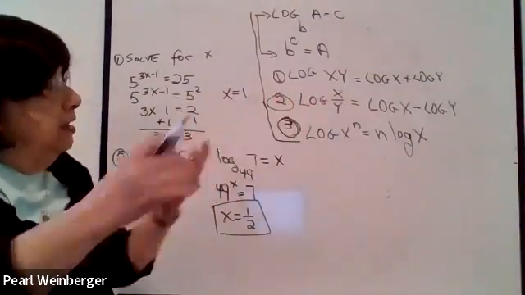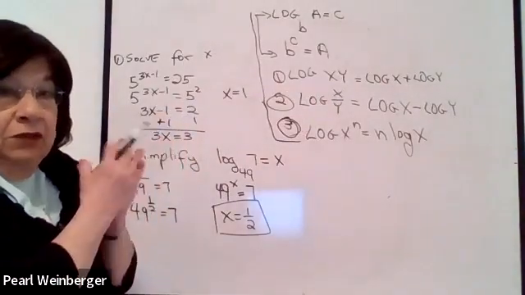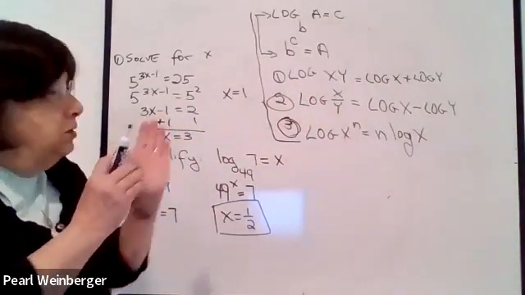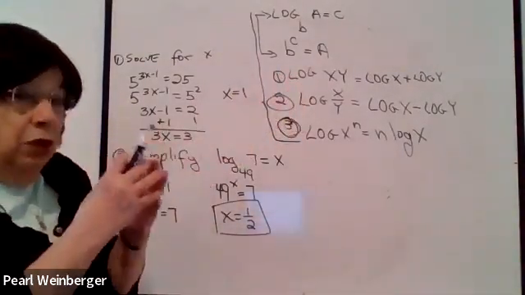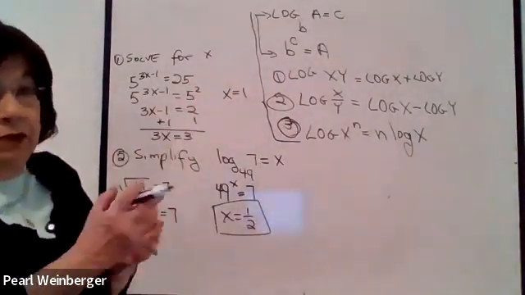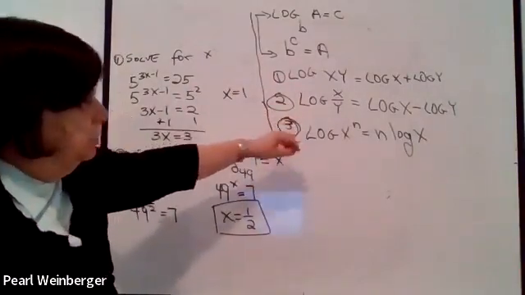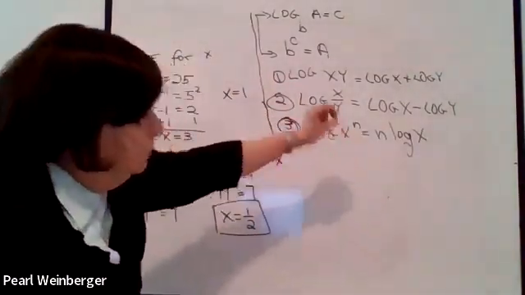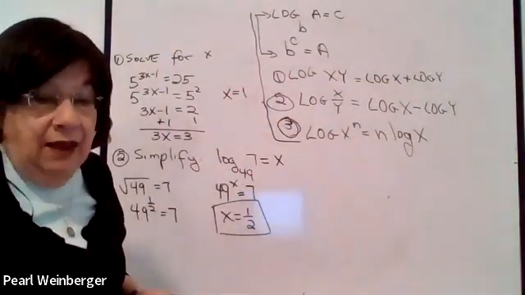We can take an expression that has a bunch of logs in it and compress it, contract it back to a single log, remembering the rules that if the two logs are being added, it means that we're multiplying the numbers. If the logs are being subtracted, means we're dividing the numbers. And if there's a number in front of the word log, that really is an exponent.